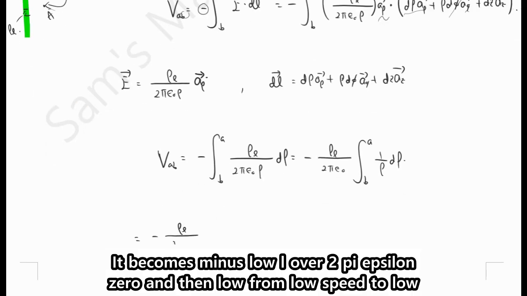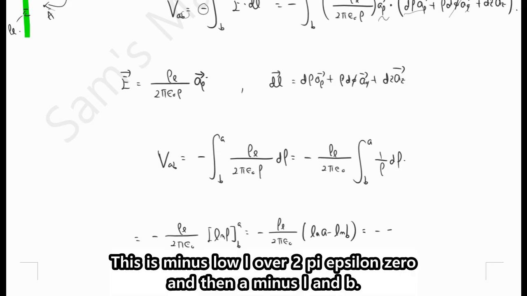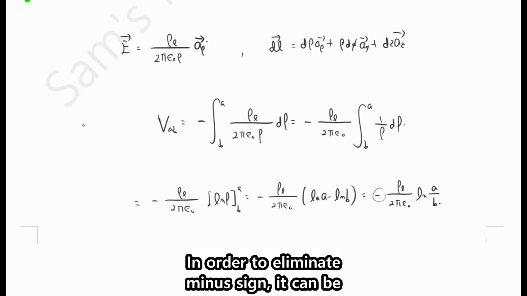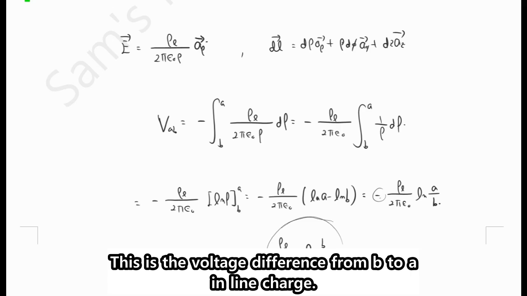It becomes minus rho L over 2 pi epsilon 0 times ln rho evaluated from rho equals B to rho equals A, which is minus rho L over 2 pi epsilon 0 times ln A minus ln B. This is minus rho L over 2 pi epsilon 0 times ln A over B. In order to eliminate the minus sign, it can be rho L over 2 pi epsilon 0 ln B over A. This is the voltage difference from B to A for a line charge.